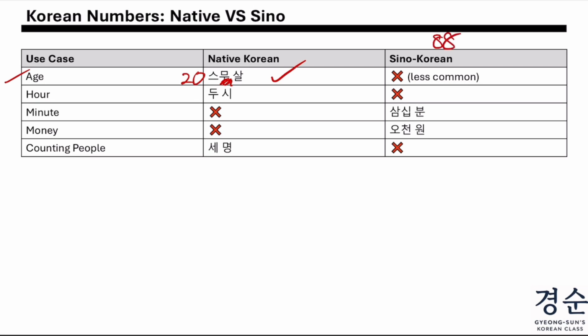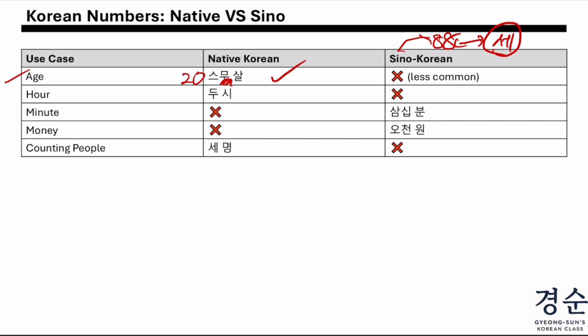Instead of saying 88살, it's too long, we just say 88세. Okay? 세 is also a unit for age, but it's used when you combine it with Sino-Korean numbers. Okay, but that's a bit advanced for now. For now just keep to this rule.